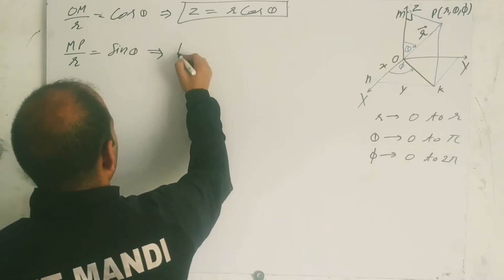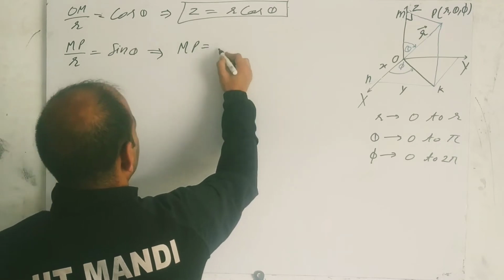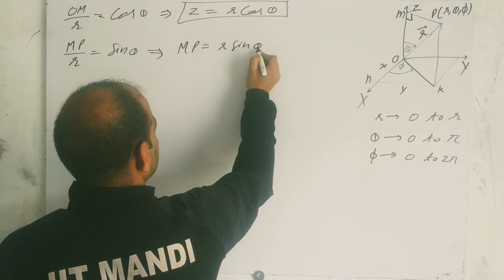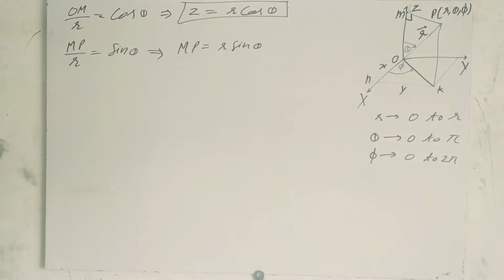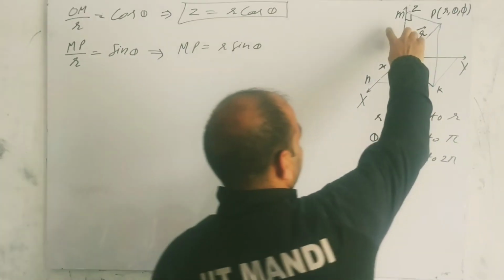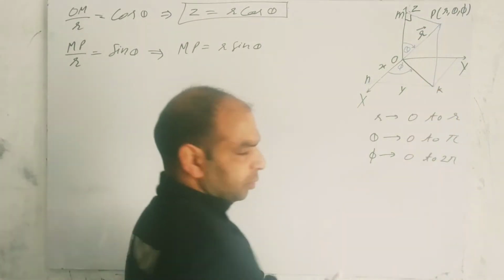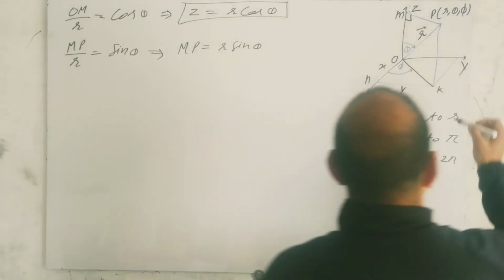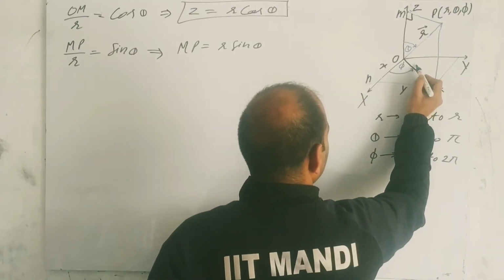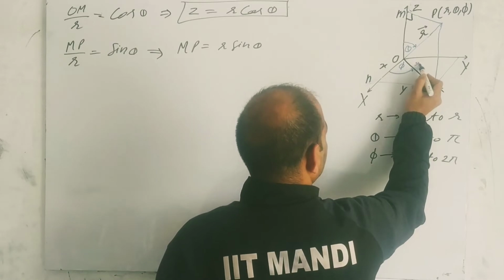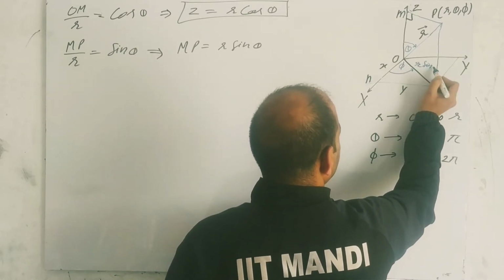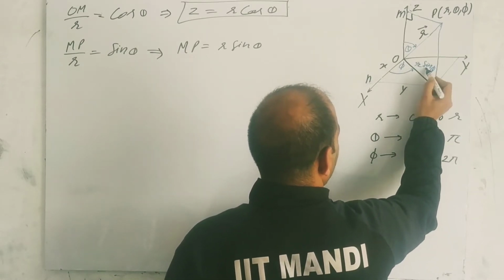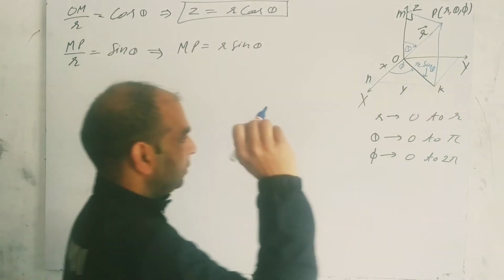So MP equals r sin theta. Now as I told you, this MP is equal to ON and both are parallel. So this will also become r sin theta. So this is r sin theta.